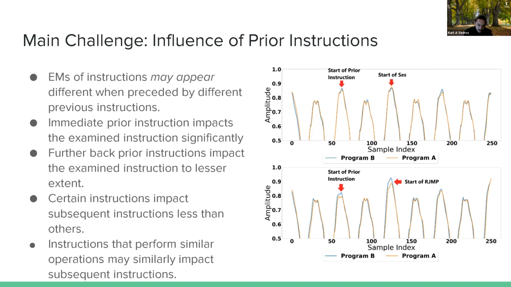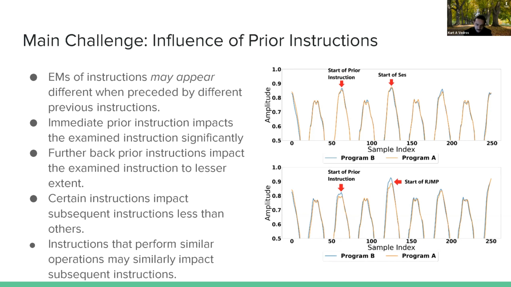As you can see in the top case, minimal to no difference in the same instruction is seen, as the amplitude values of the prior instructions and the instruction operations are very similar, even though the looked-at instructions are the same. However, in the bottom case, a much larger impact is visible.